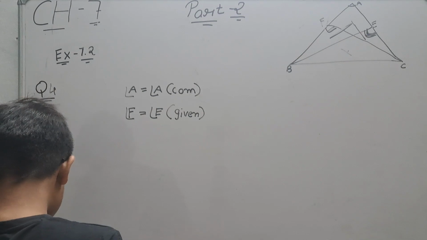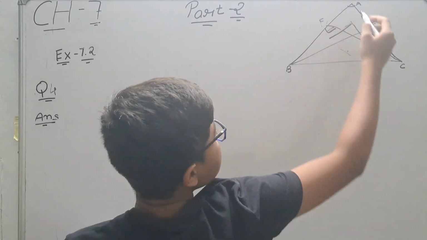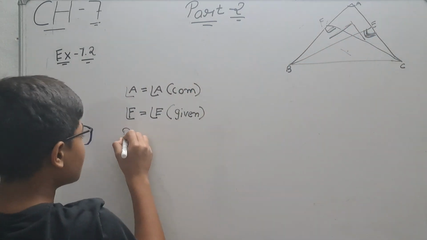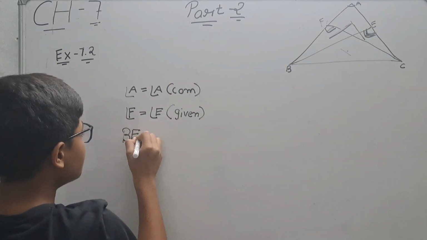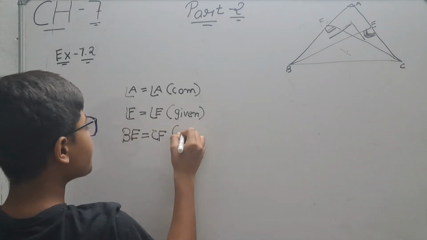Now we can write like that. We have to prove AB is equal to AC. So the altitudes are equal. BE is equal to CF.